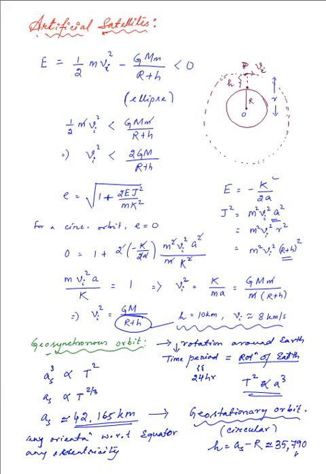So nearly 790 kilometers is the value. This is the distance above the surface of the Earth where the satellite must be stationed, in that geosynchronous orbit, of course with the orbit being circular.